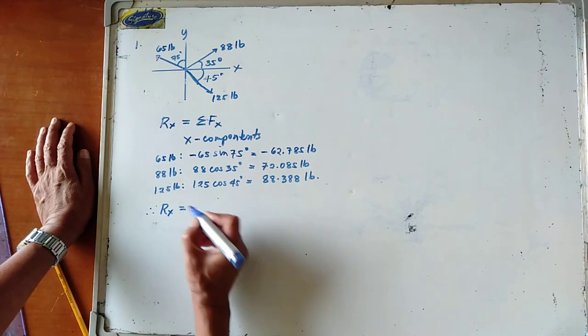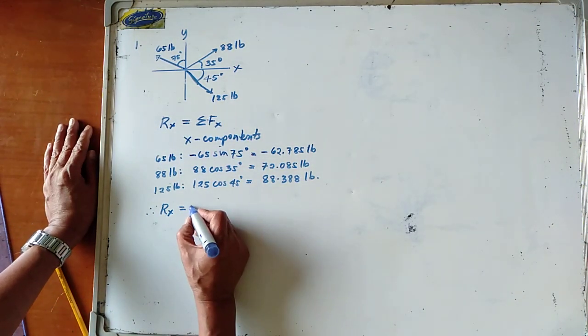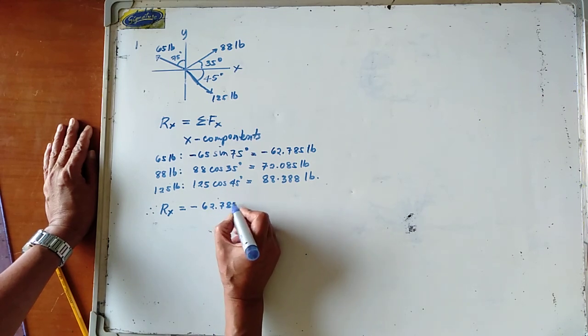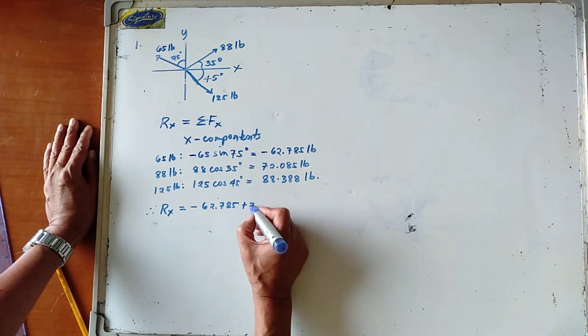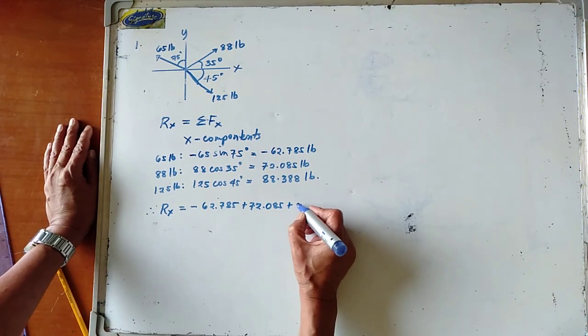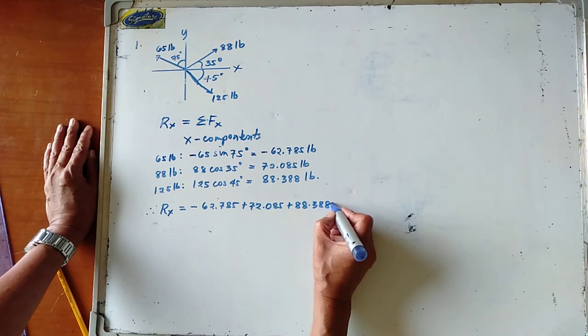Now, so that your Rx is equal to the summation of forces along the x-axis: negative 62.785 plus 72.085 plus 88.388.